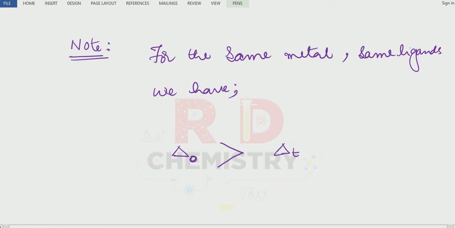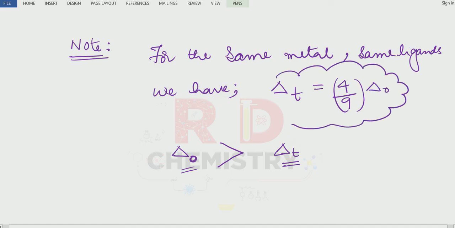That means delta O is greater than delta T. That can be written as a formula: delta T is equal to 4 by 9 times delta O. This can be remembered as a formula. Clear? So in this video I explained the crystal field splitting in tetrahedral and octahedral complexes.